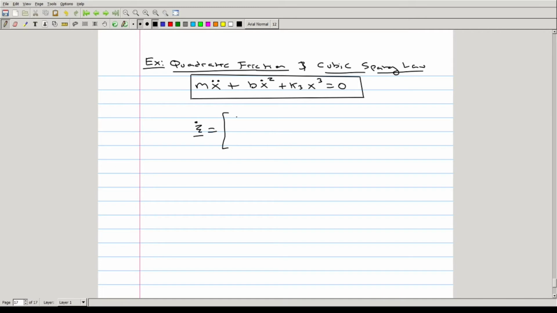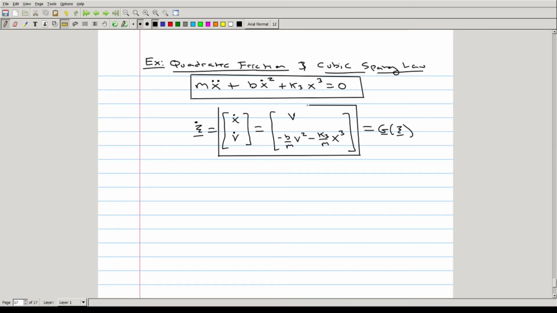Which can be expressed as the equivalent system x dot, v dot, and this system is a system of first order nonlinear ODEs, an autonomous system equivalent to the differential equation that's governing the motion of the system, just like all the other examples that we've considered.